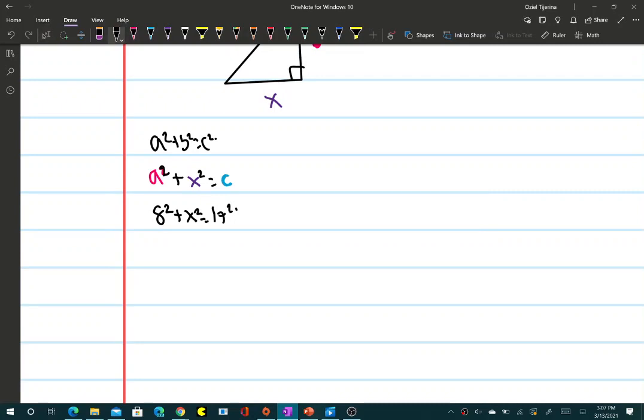So we would have 64 plus x squared is equal to, I believe, 289. We would then subtract 64 on both sides, and you would get x squared equals 225.